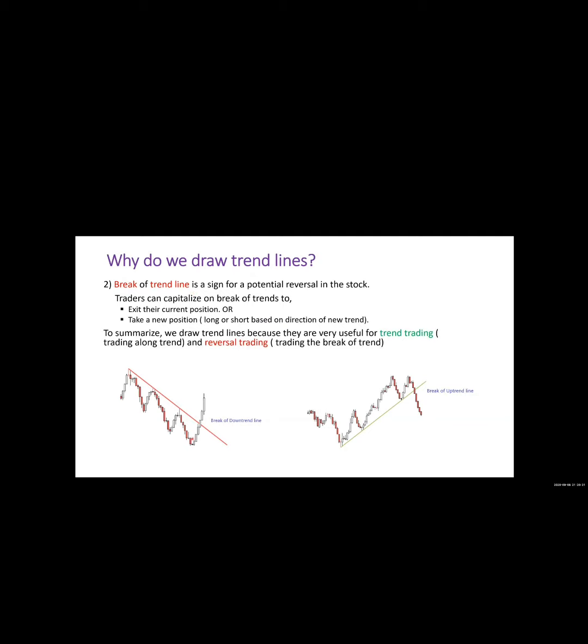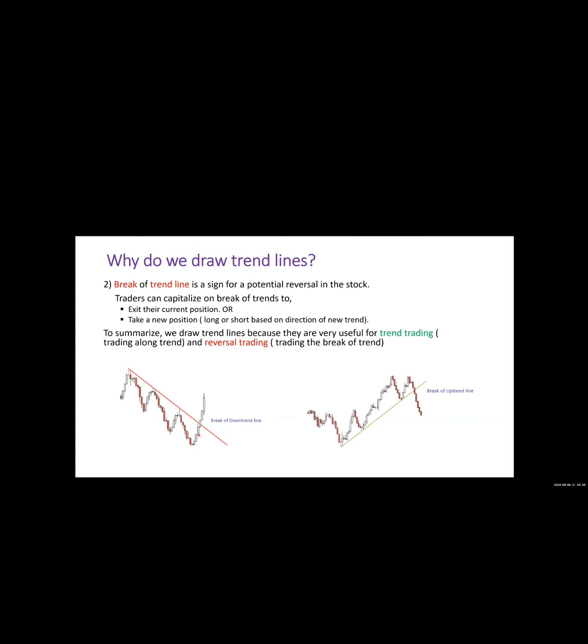Now look at this example here. So we have 1 touch here, 2 touches, and 3 touches. So this is a strong trend line. Now, if you're a trader and you entered puts here at the 3rd touch, you had a nice downtrend move here. This was a lower swing high, and you had a move to the lower swing low.